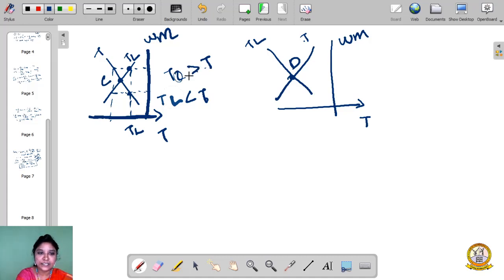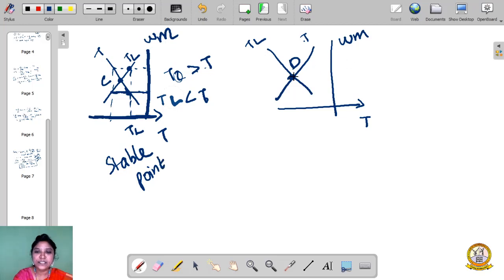It decreases and it comes back to the point C. Similarly, when we decrease the speed, TL is less than T, that is, the motor torque is greater than the load torque. So the motor speed increases and it comes back to the point C. So this case is called a stable point.